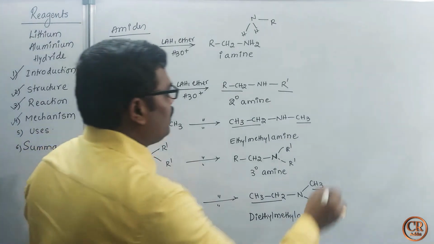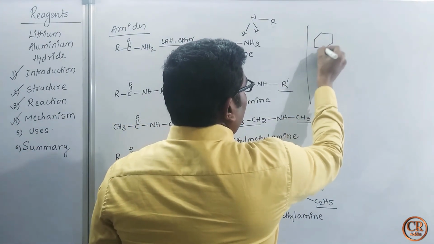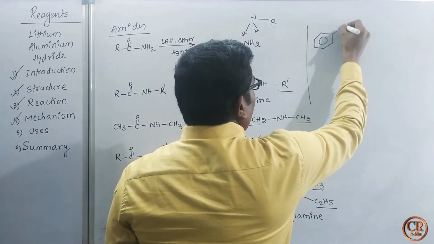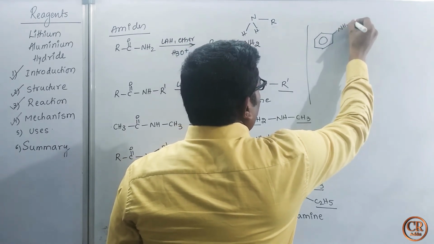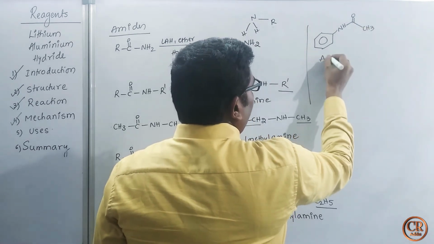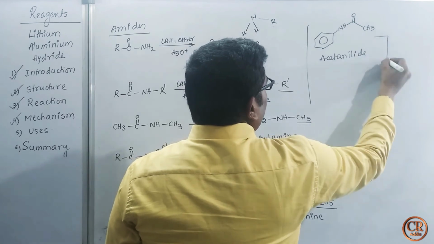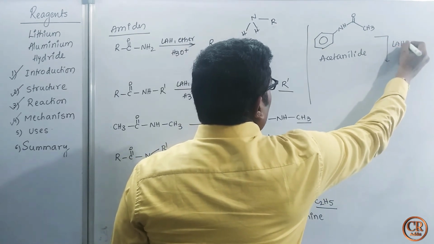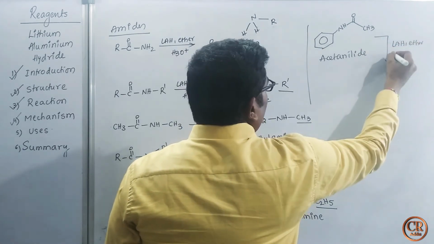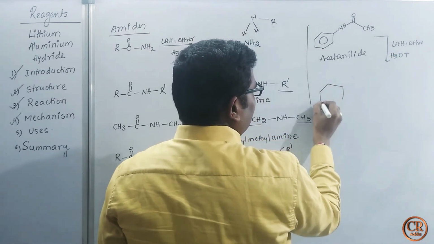Now if you take one more example, that is acetanilide. Acetanilide structure is this, phenyl NH, C double bond O CH3. Name of this one is acetanilide. When acetanilide reacts with lithium aluminum hydride in ether followed by acid hydrolysis gives this compound.